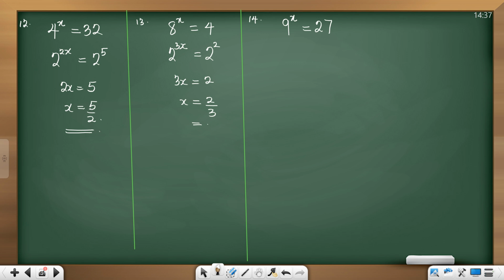Let's look at this one. I cannot write them as the same base of 9, but I can write them as a base of 3. So what do I have? 9 is 3 to the power 2, but I have x there. And then I have 3 to the power of 3. Lovely. So powers, equate them. What happens? Divide by 2. Lovely. So we're using the same principle to deal with so many questions. That's one question there, done again.